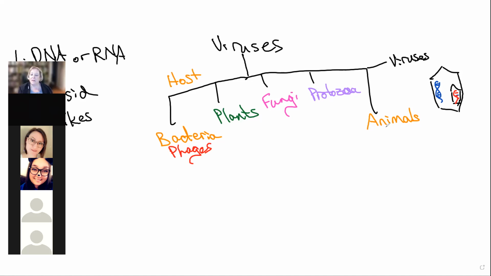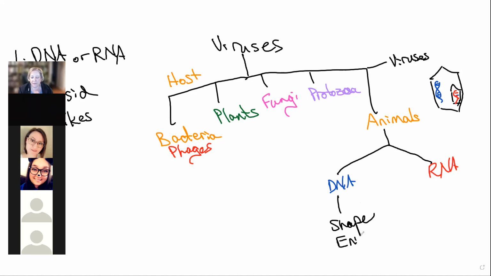Just for the sake of simplicity, I'm going to start over here so I don't get too cluttered. The next thing that we separate them into is DNA versus RNA. And then from there, we will talk about shape, if they're enveloped or not, and what their genome is.